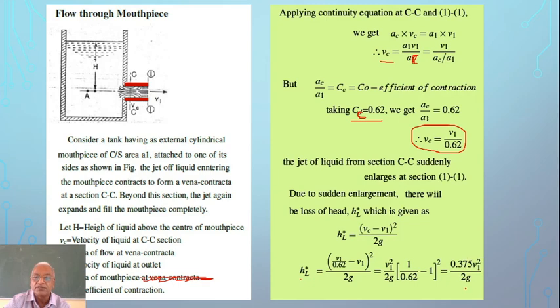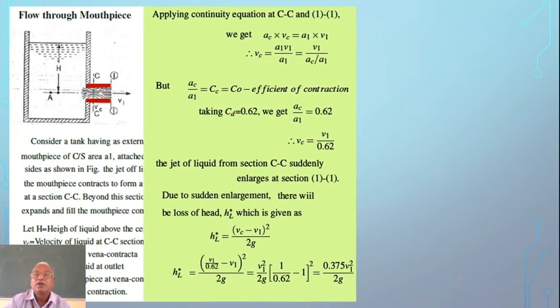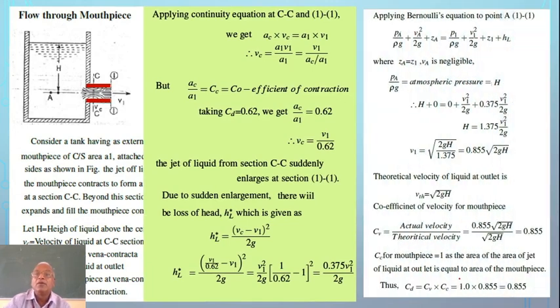Next, applying Bernoulli's equation at 1-1 and at point A: PA by rho g plus VA squared by 2g plus ZA equals P1 by rho g plus V1 squared by 2g plus Z1 plus HL, that is the head loss.